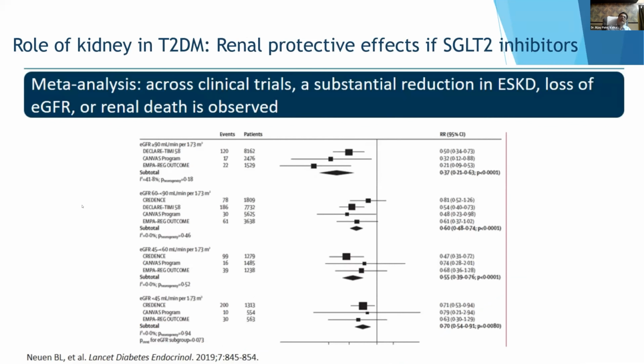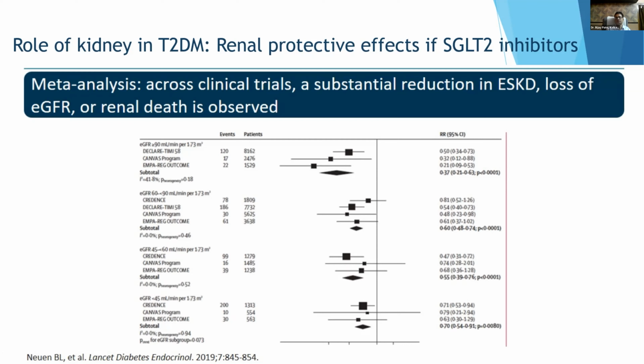So whether you take EMPA-REG, whether you take CANVAS, whether you take DECLARE-TIMI or any other clinical trials, they all, in their subgroup analysis or exploratory analysis, have shown a definite reduction as far as the kidney outcome is concerned. So they all are renal protective. The whole SGLT group looks like a renal protective agent.